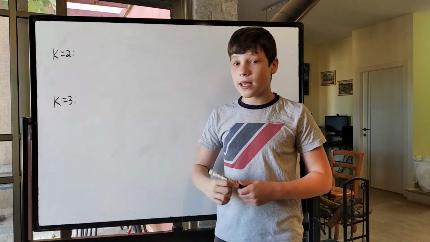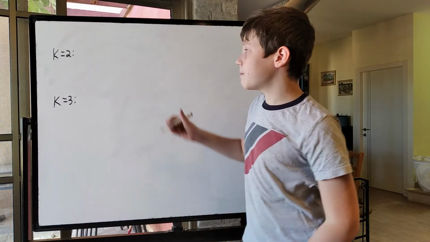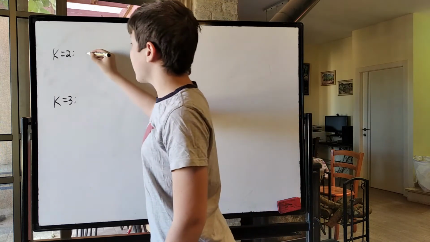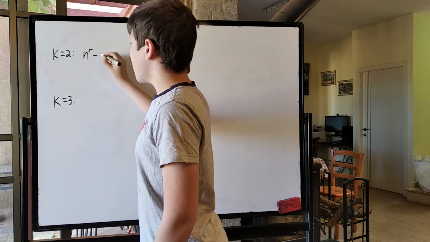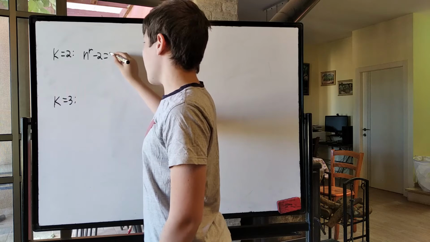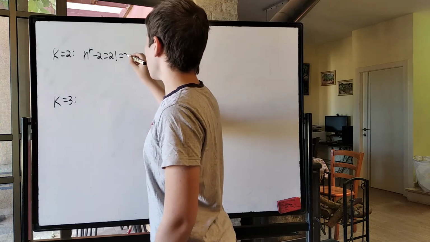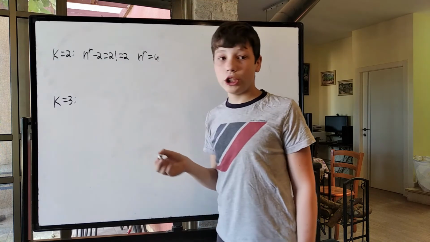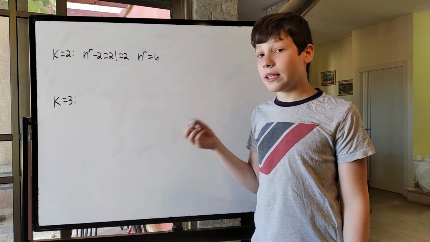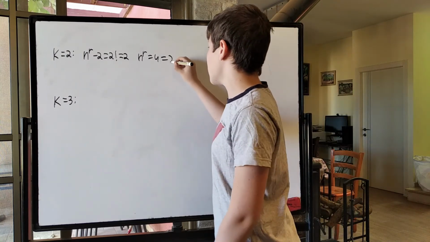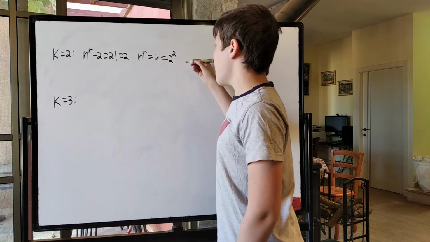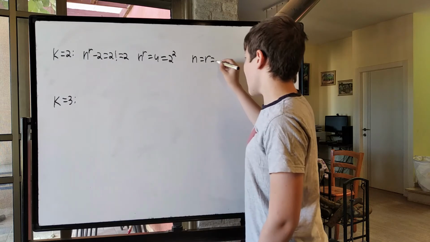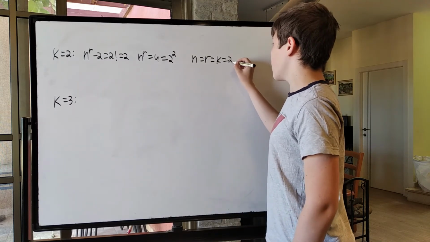Alright, now first case, k is equal to 2. If k is equal to 2, we substitute in our original equation, we get n to the r minus 2 is 2 factorial, which is 2, meaning that n to the r is equal to 4, which, as a power of at least 2, can only be represented as 2 to the 2, means that, in this case, n and r and k are all 2.